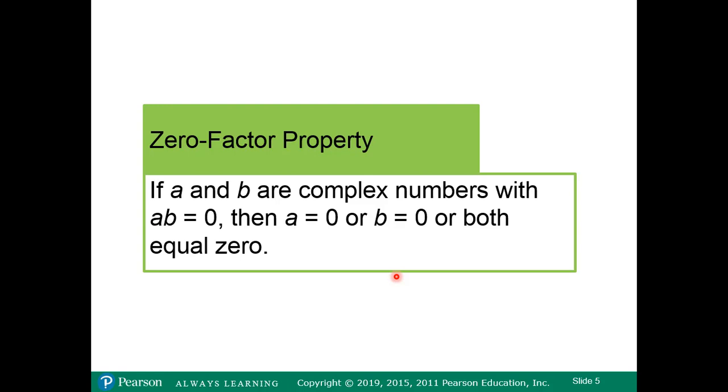Now the zero factor property, or what I also call the zero product principle. What the zero factor property says is that in real numbers, or complex numbers, it doesn't matter, if A times B is equal to 0, then either A or B or both have to be equal to 0.